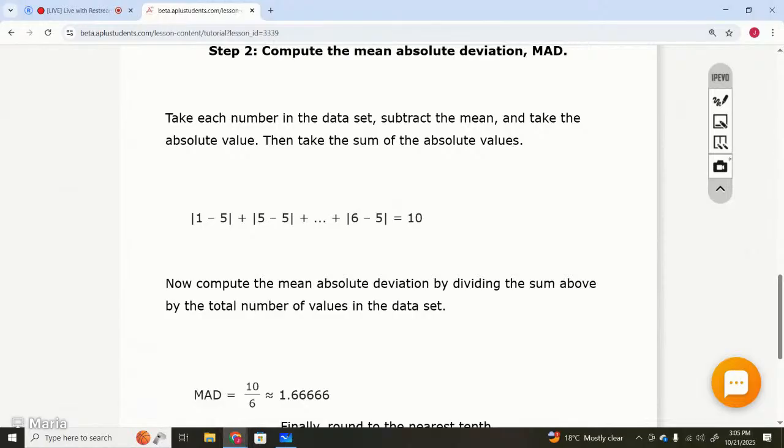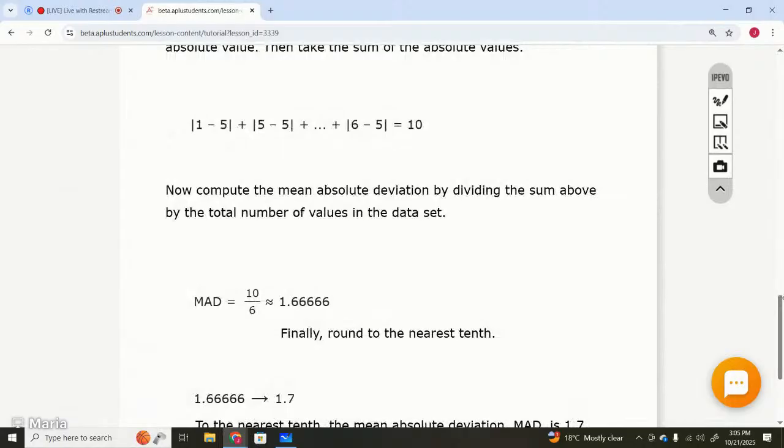Now compute the mean absolute deviation by dividing the sum above by the total number of values. The total number of values is 6, so 10 divided by 6 is 1.6.